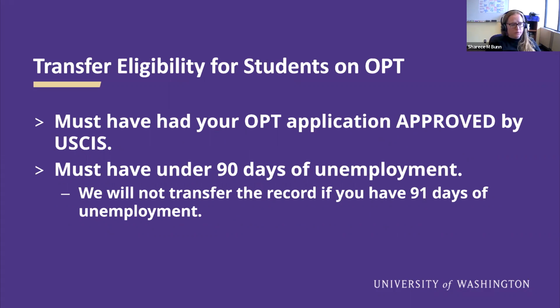We will not transfer your record in that case. You must have under 90 days of unemployment. We will not transfer the record if you have 91 days of unemployment. If you have 91 days of unemployment while you're on OPT, ISS considers you to be out of status, and you can't apply for a change of level, and you cannot transfer that record.